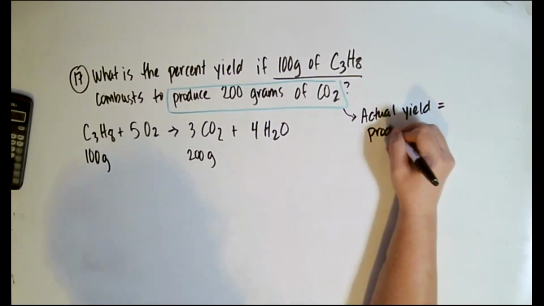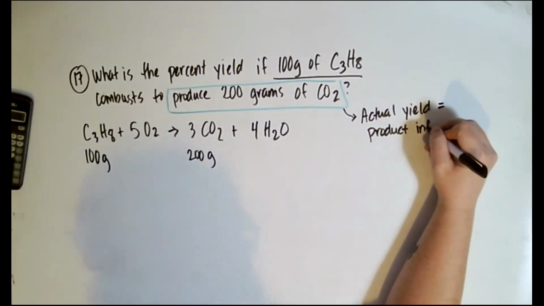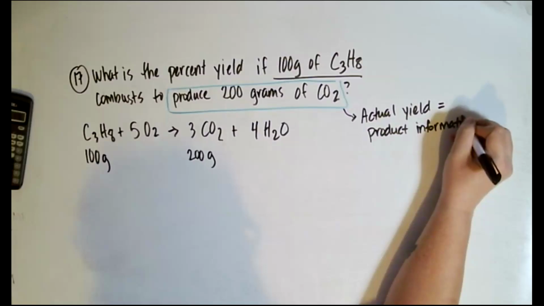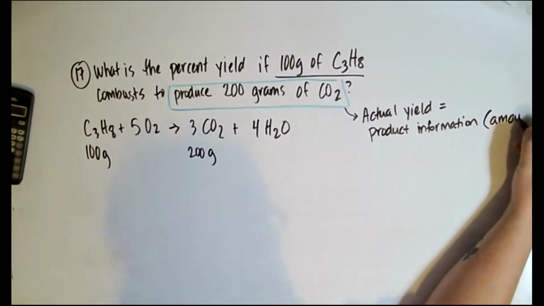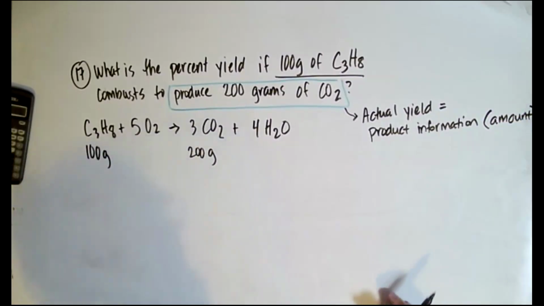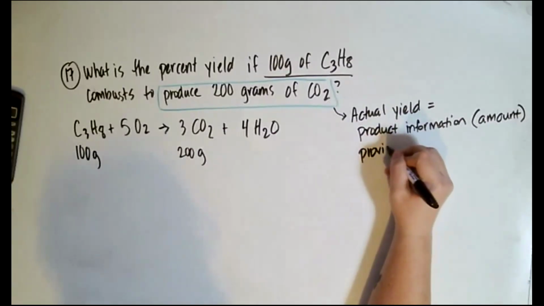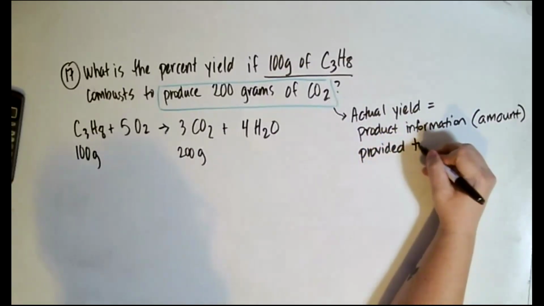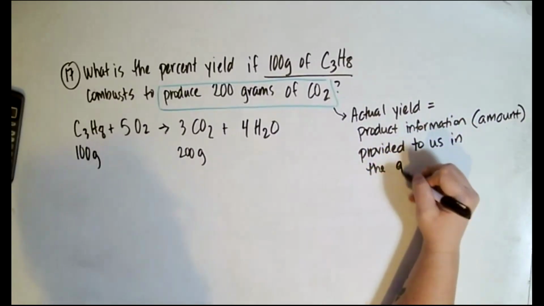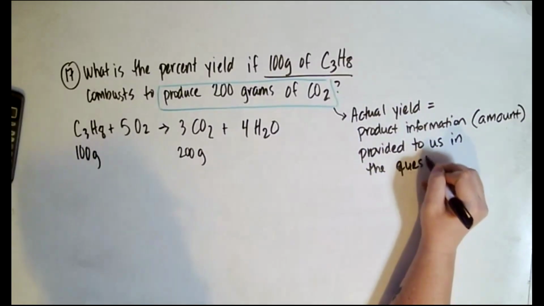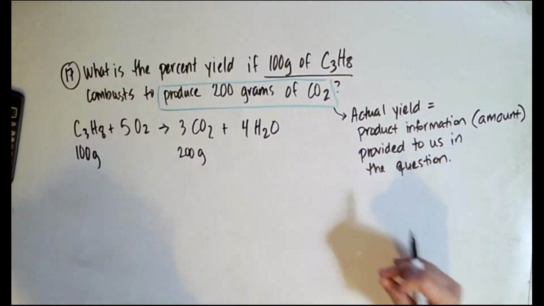Our actual yield is going to be the product information, specifically the amount of product that we have. That's provided to us in the question. And it's going to represent the amount of product we actually ended up with.